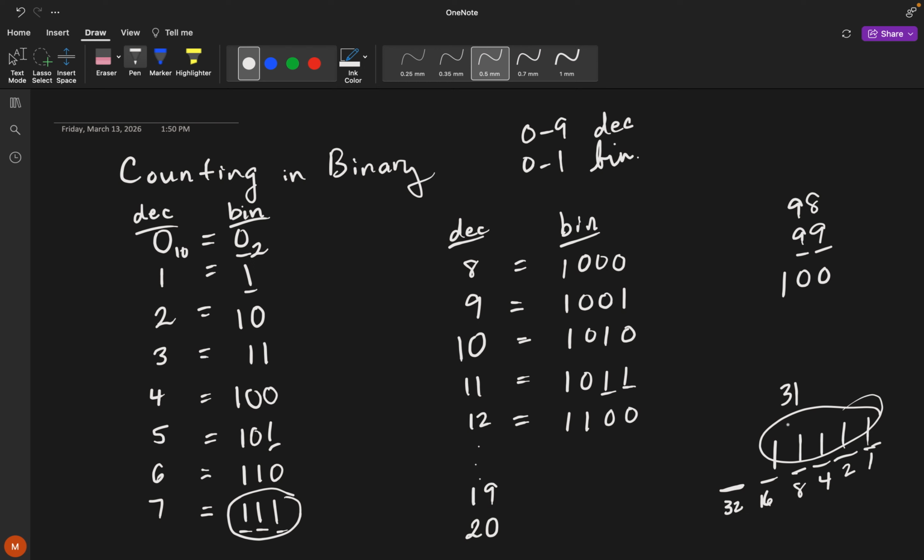So by learning our counting in binary, and by learning the foundations of the number system, by expanding all the place values and seeing how it relates to our regular decimal numbers, and by noticing these little patterns of counting like this, we've drawn some connections that'll help you understand what you're doing when you convert between binary and decimal.